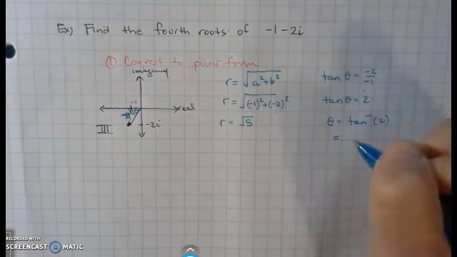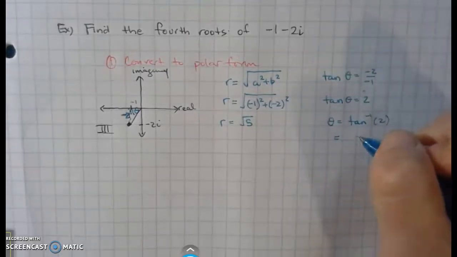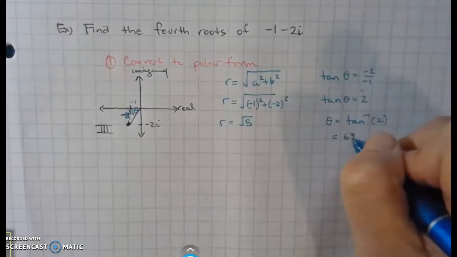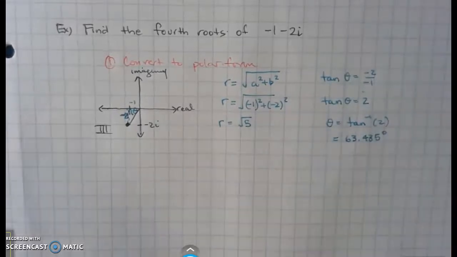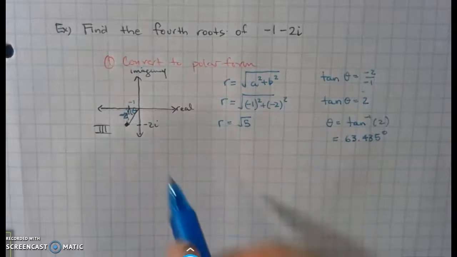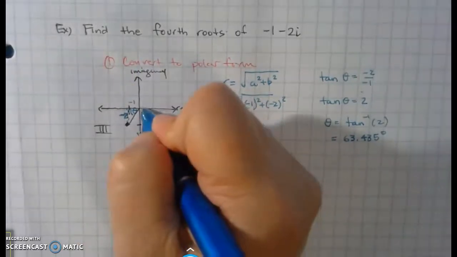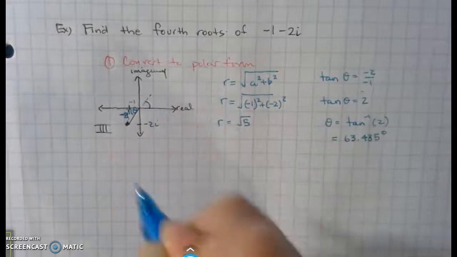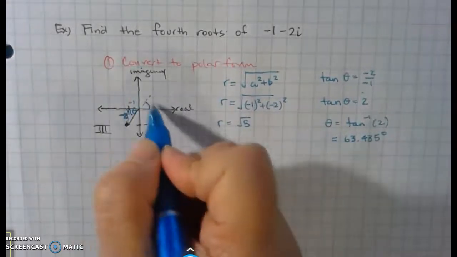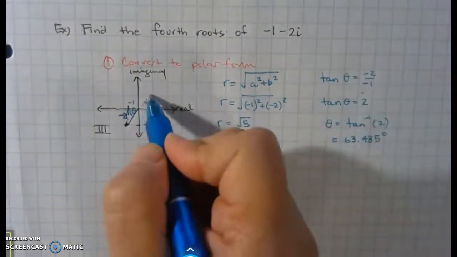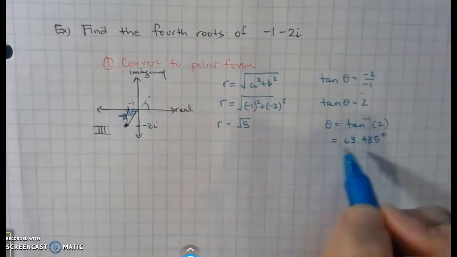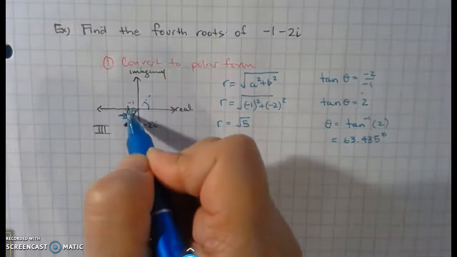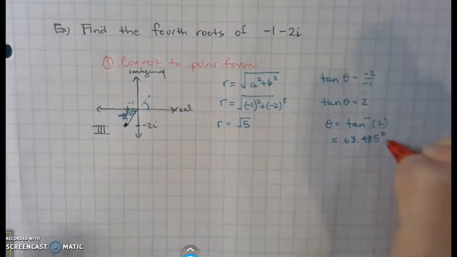And if I use the calculator, it's going to give me 63.435 degrees. However, what the calculator has given me is a quadrant 1 angle, because inverse tangent is defined for quadrant 1 and quadrant 4 only. So that means I need to add 180 degrees.